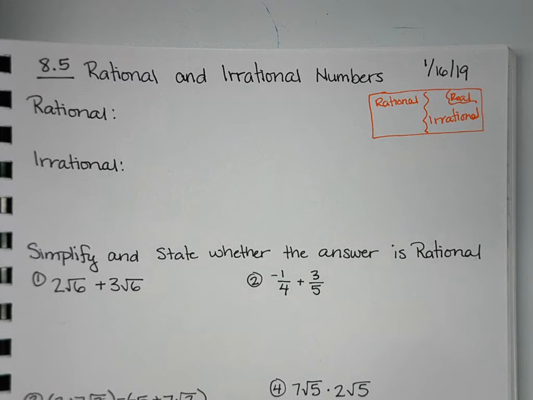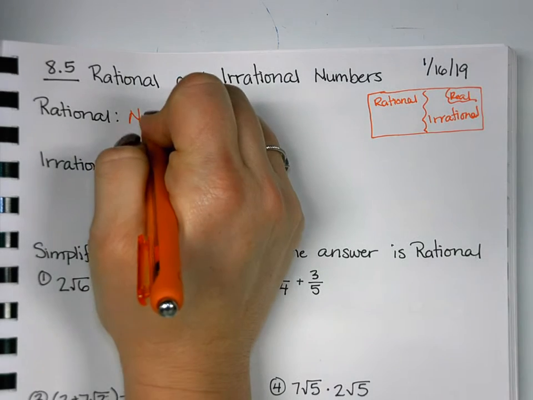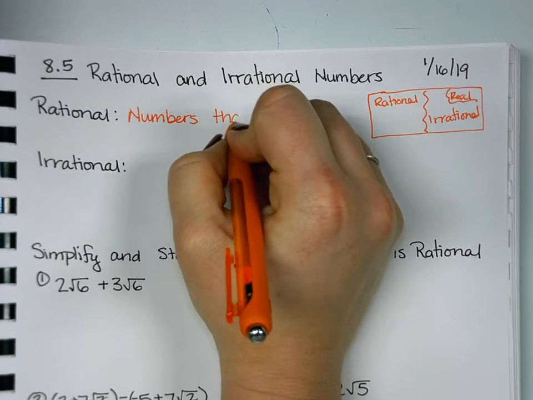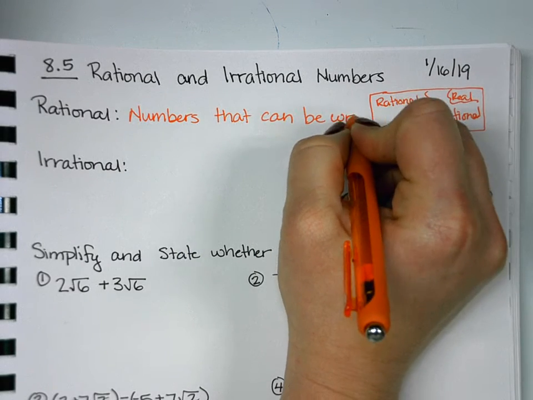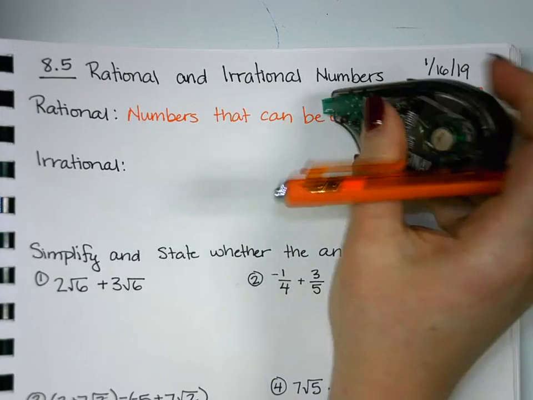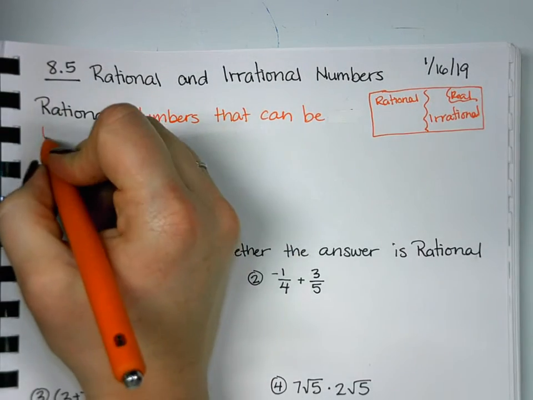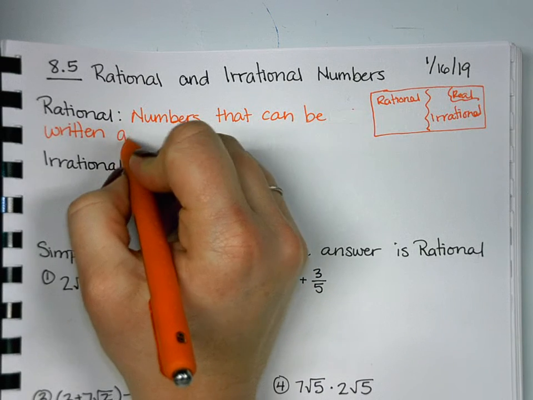The easiest way I can think of to explain rational is that they are numbers that can be written as fractions.